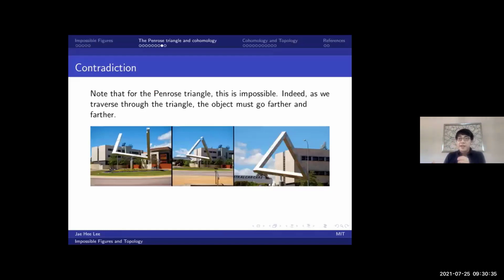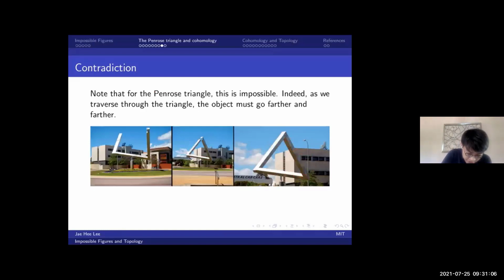So in terms of scaling factors, that means that each of the scaling factors, as you go from this chart to this chart to this chart, always has to be greater than 1 because you're getting farther, right? Well, in this case, because this is a single object, the scaling factor is going to be equal to 1 here, and equal to 1 here, as you move from here to here, and here to here. But as you can see, the factor as you move from here to here has to be strictly positive.